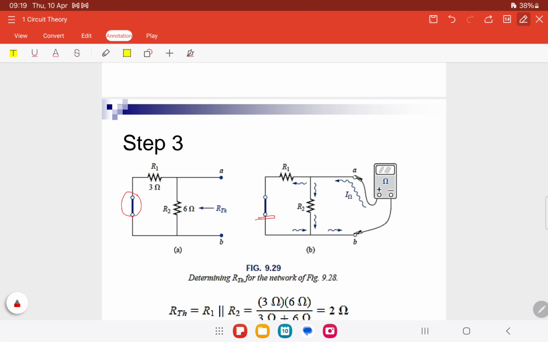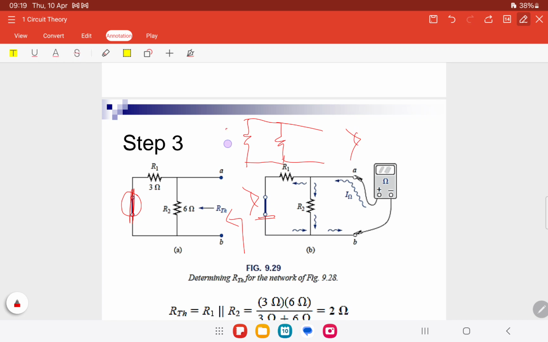Voltage source will be short. Dia akan straight line je, ganti with a straight line. Okay, and then RTH is from here. So kita pandang dari sini. Okay, so kita pandang from here.